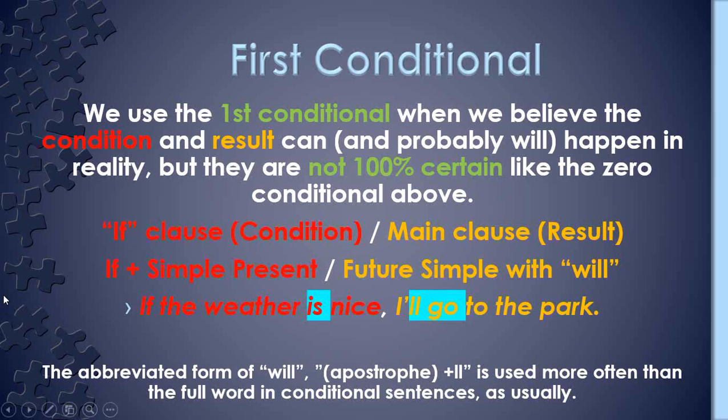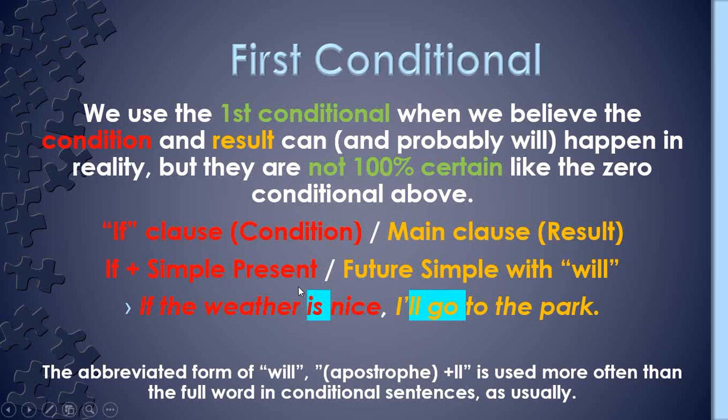Now let's look at these structures, okay? Well, first conditional has the same parts: an if clause, that is the condition, and a main clause, that is the result. But when we look at these structures, we're going to find that yes, the if clause has if, and the verb should be conjugated in simple present tense.